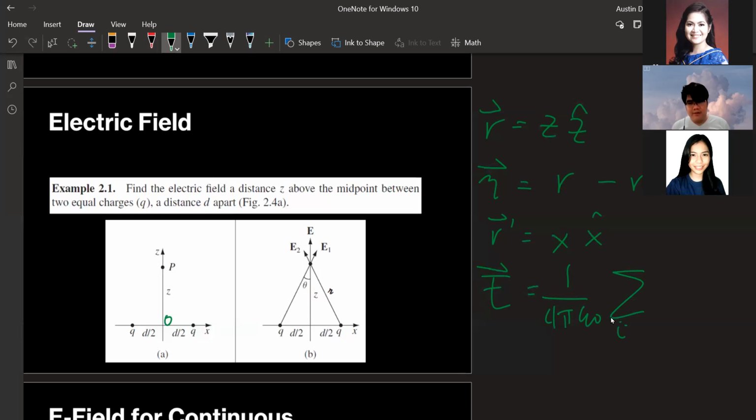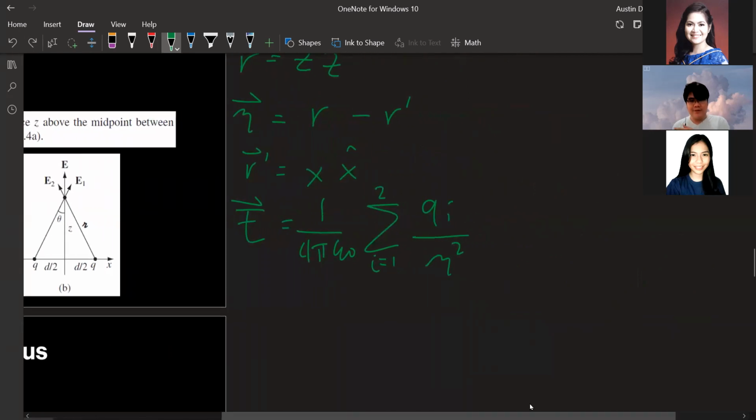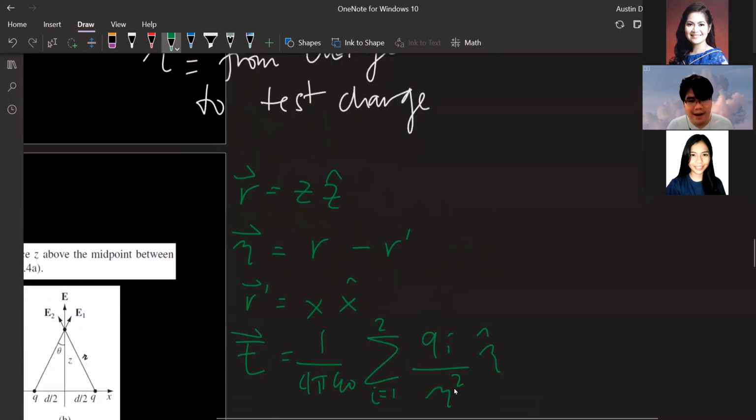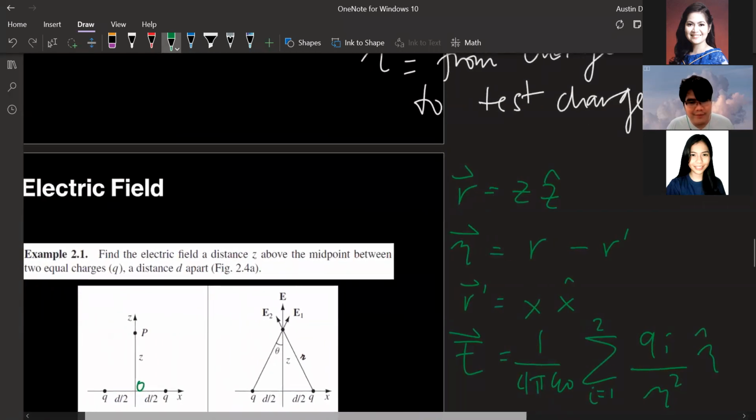Sum over i, Q sub i over curly R squared. Kinokopya ko lang yung equation natin for the electric field.